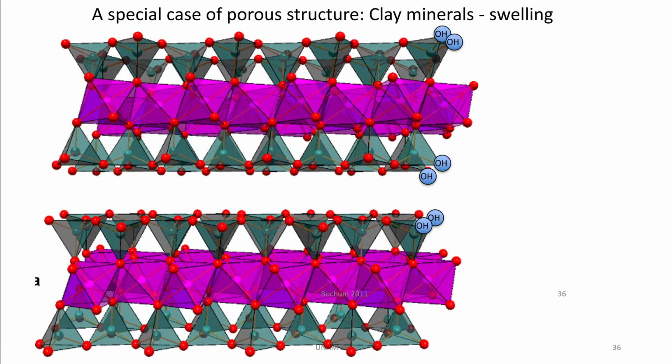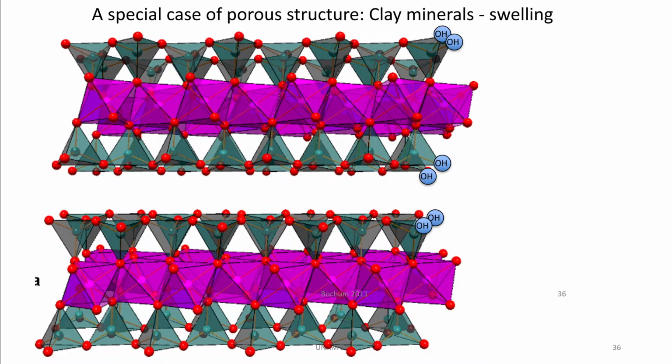Now, a very particular type of porous structure is clay minerals. So, maybe you are familiar with them already, but they are layered materials composed of octahedral and tetrahedral sheets in which you can have a lot of compositional variability.